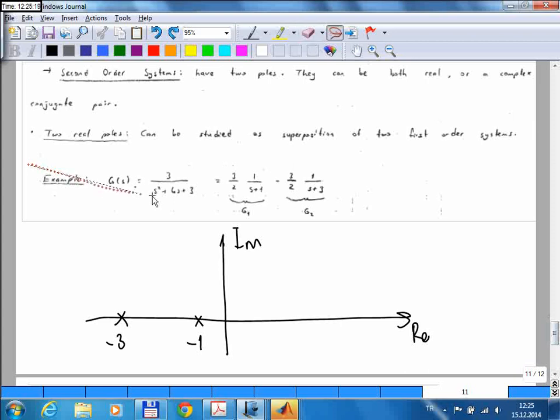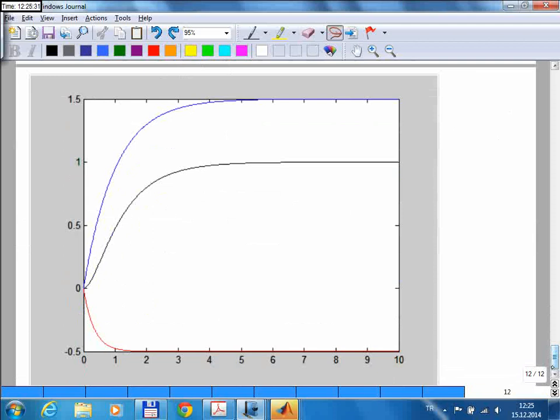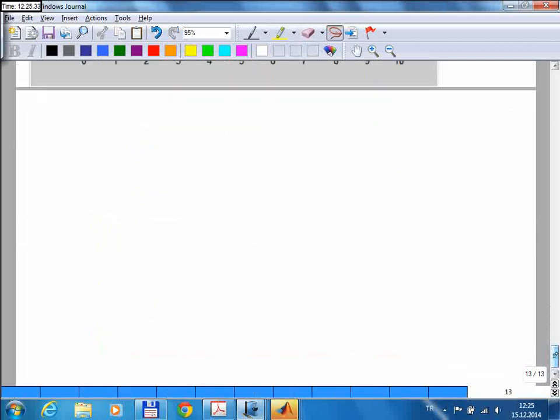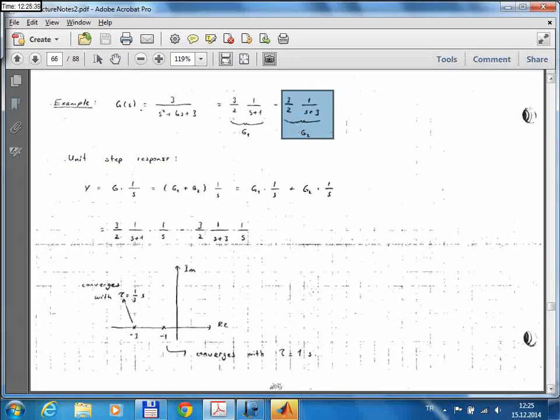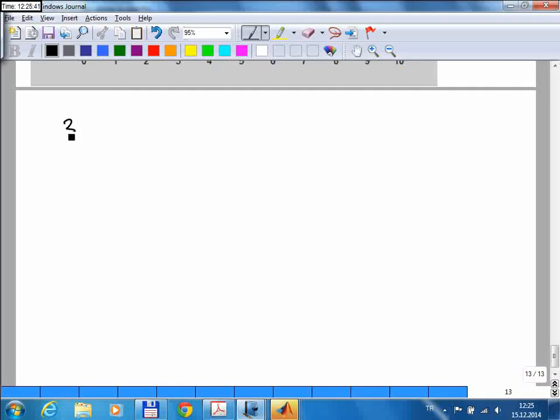So what we look at here is the forced response, right? And the response to unit step input. So this is the original transfer function.